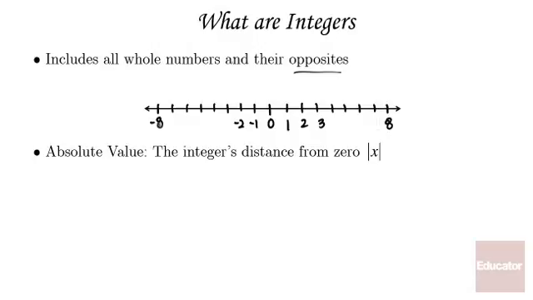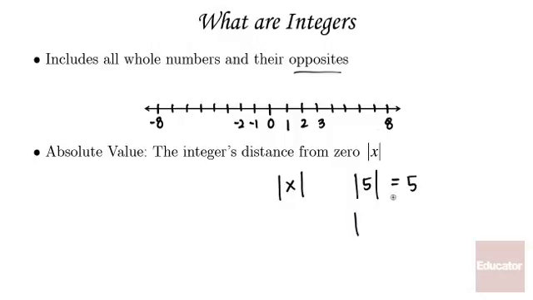So this is how you would write it. Absolute value of x, you write kind of like a 1, but a little bit longer, and then you write the number inside. So 2 bars, and the number in between. This is the absolute value of x. If I ask you what the absolute value of 5 is, my answer is 5, because it's 5 units away from 0.